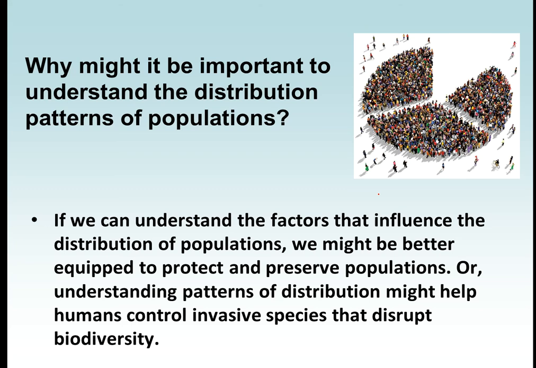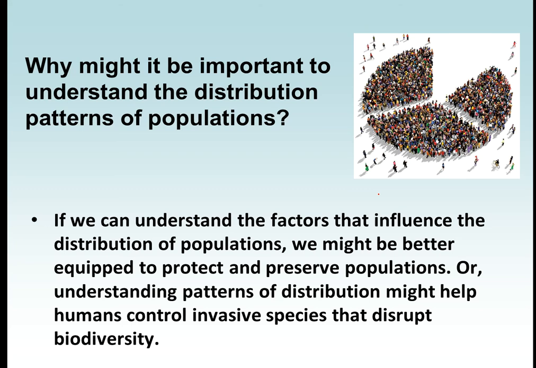We're going to learn that sometimes populations can be too small and run the risk of extinction. Sometimes populations can be too large and utilize all the resources in a particular ecology. And so either one of those extremes can lead to bad outcomes for that particular population.